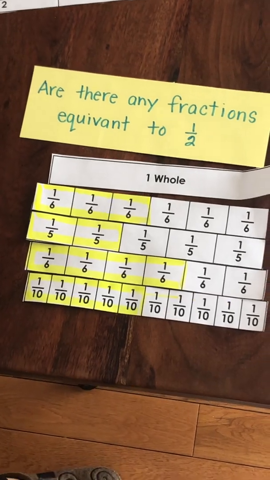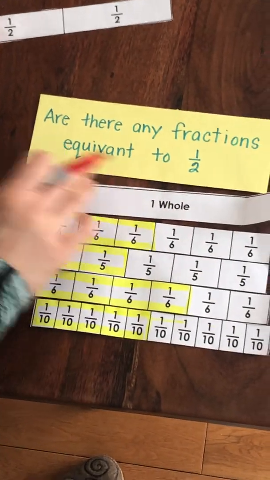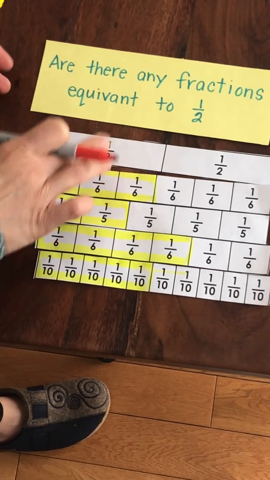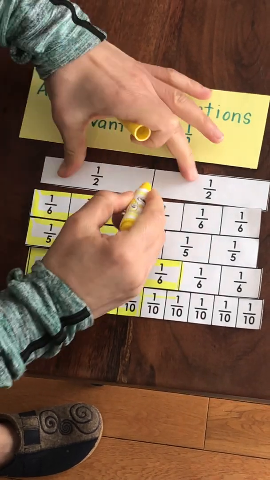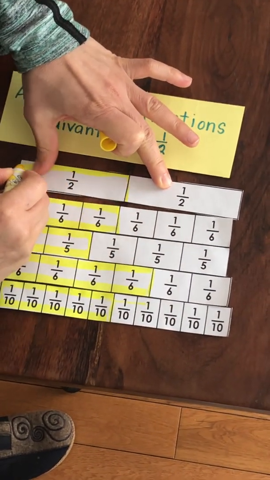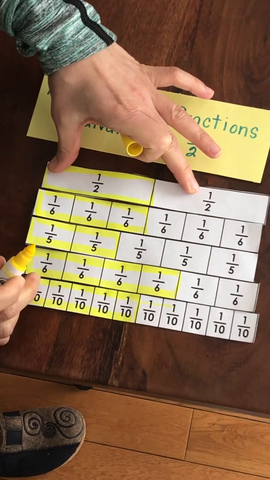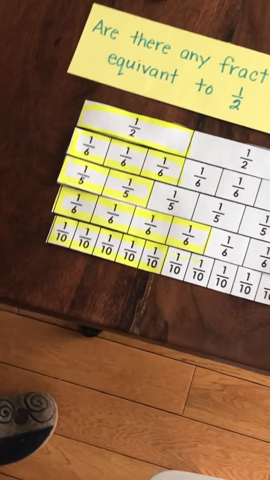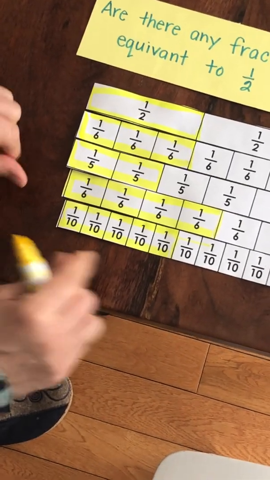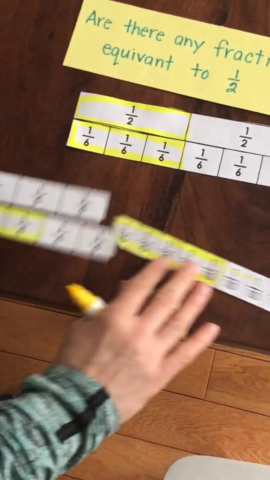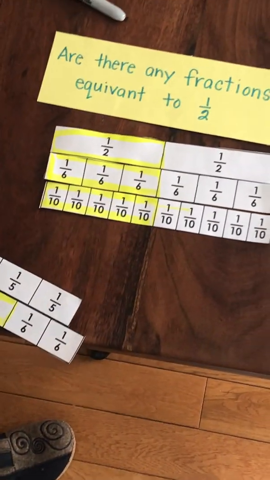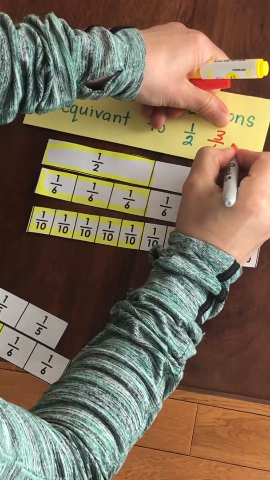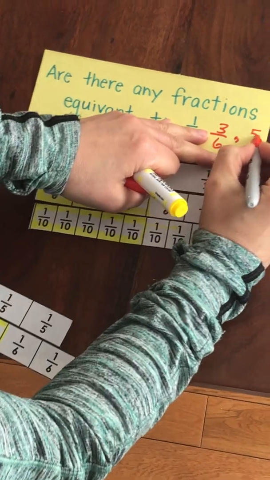Okay, are there any fractions that are equivalent to half? So I'm going to get my half fraction strip, and when they say 1/2, we mean just 1/2. So are there any fractions that are equivalent to 1/2? Can you figure it out by just looking at the fraction strips? It looks like we have 2 fractions that are equivalent to half: 3/6, and we also have 5/10.